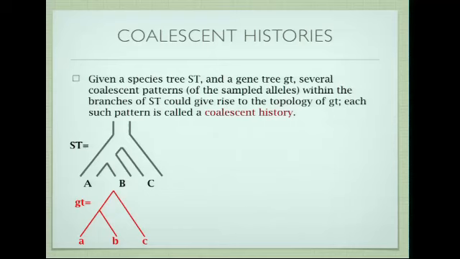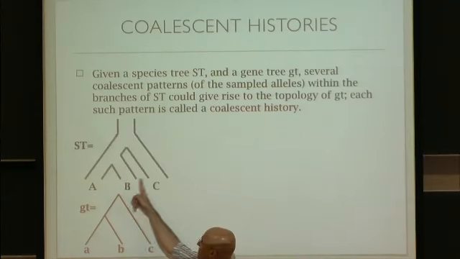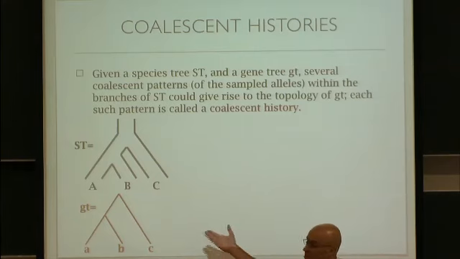So they are agreeing. Now to give rise to a gene tree like this, if I sample an allele from A, an allele from B, an allele from C, and I start tracing their evolutionary history or genealogy backward in time, to give rise to this gene tree, if I ignore lengths of branches in the species tree and times, then there are 2 possible ways that coalescent events could have happened to give rise to this gene tree.